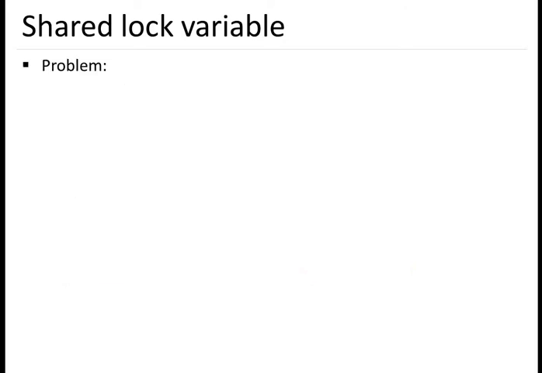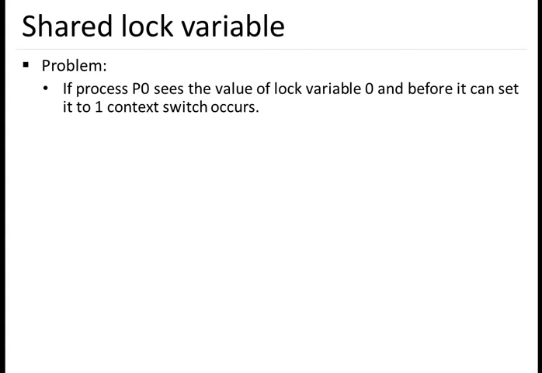Now, what is the problem in the shared lock variable? If process P0 sees the value of the lock variable as 0, and before it can set it to 1, a context switch occurs. So it has checked the condition: oh, there is no other process in the critical section. It is just going to the critical section, but before it modifies it to 1, a context switch occurs.